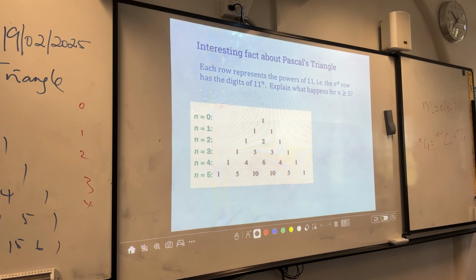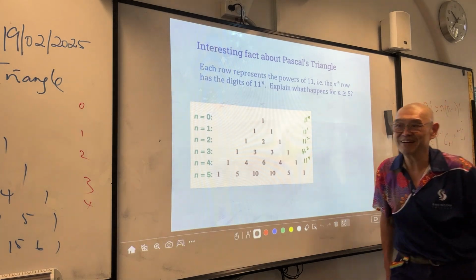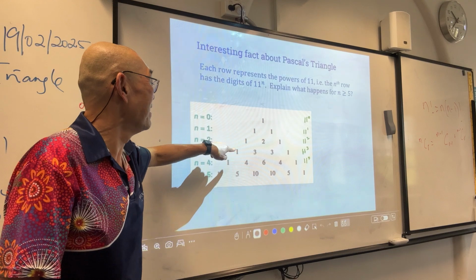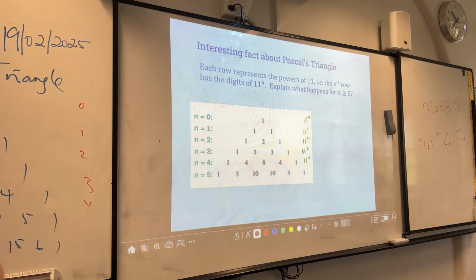So here, if you think about row 0, 11 to the power of 0, 11 to the power of 1, 11 to the power of 2, 11 to the power of 3. If you don't believe me, get your calculator, work it out. Surely you know these 3, but this one, work the other 2 out.